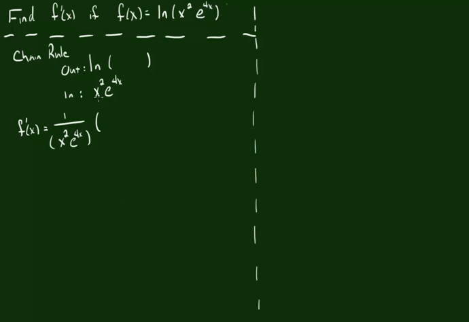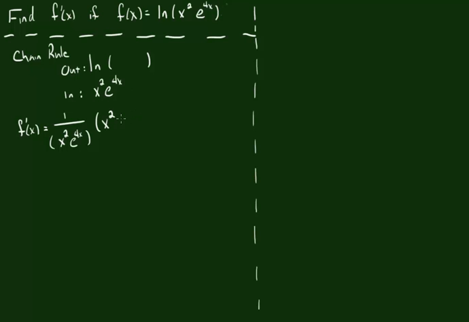Well, the derivative of this inside function requires a product rule. And in the product rule, also remember that there's this extra chain rule waiting for us. So let's get started. We'll do the product rule here to find the derivative of the inside in this chain rule. And the product rule says you take the first function, x squared, times the derivative of the second. Here's where we need that chain rule.